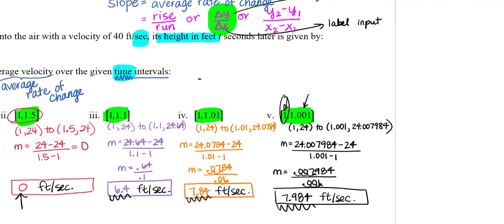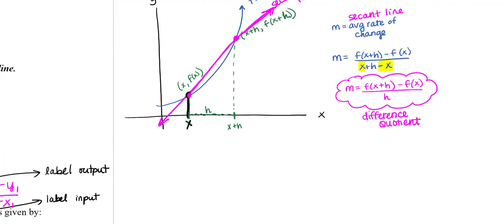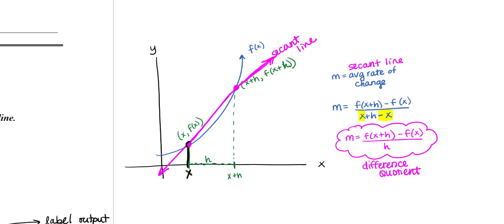Let me show you what I mean again over here to the right. If my horizontal distance between these 2 points is something like 5 or even 0.5, that could be really far away at times. So if I want to estimate my slope right at this one point x, I want my second point to be as close to that as possible.